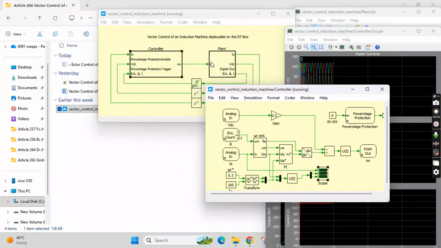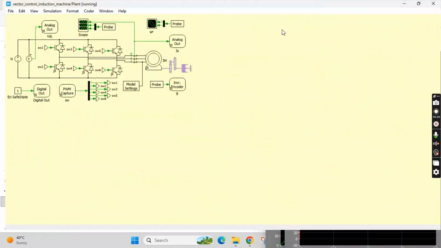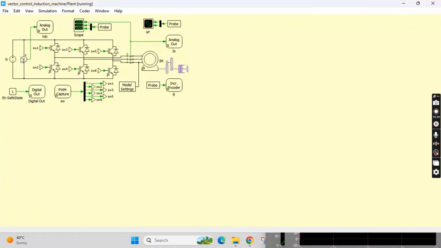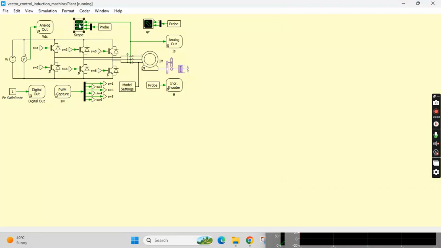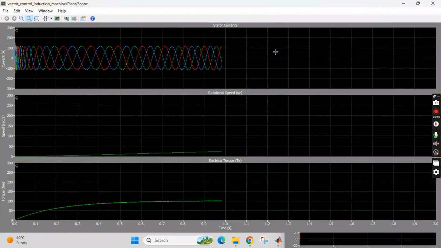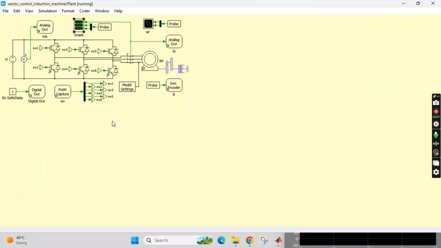Then we have the plant subsystem, which is basically the DC input with the voltage source inverter bridge circuit, as well as the squirrel-cage induction machine, then the output results in terms of rotor flux and inductances. Scopes are here in which stator currents, rotational speed, and electrical torque are added. So this is the complete system.